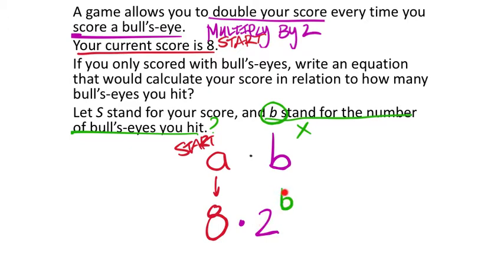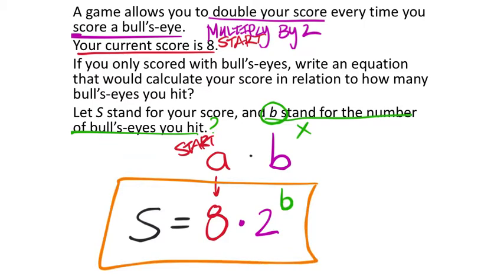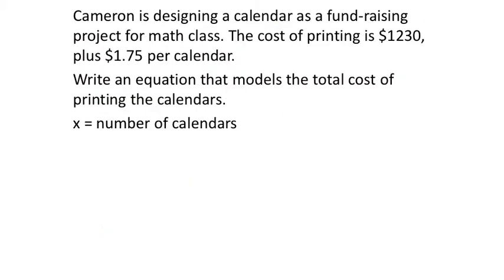Well, then you'd have 0 bullseyes. You'd have 8 times 2 to the power of 0, and that would give you another score of 8. Okay, did they ask? Oh, yeah, they wanted the equation. So your score is going to be 8 times 2 to the power of B, because we don't know how many times you're going to hit that bullseye. That's our equation.